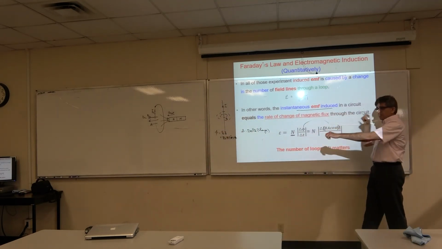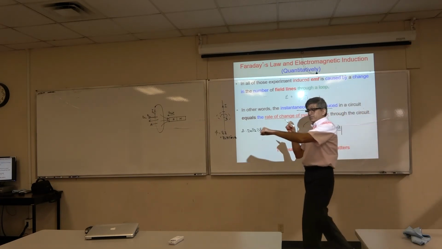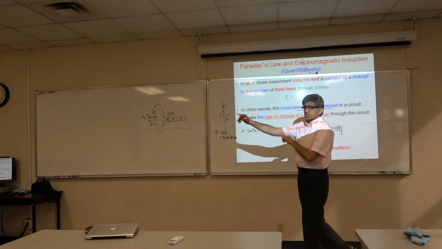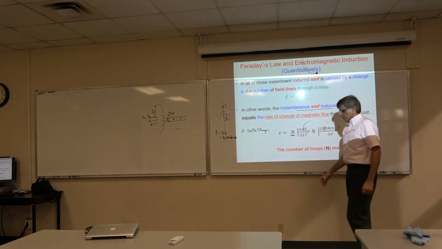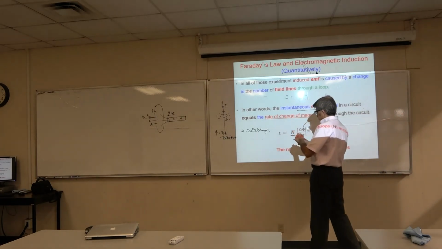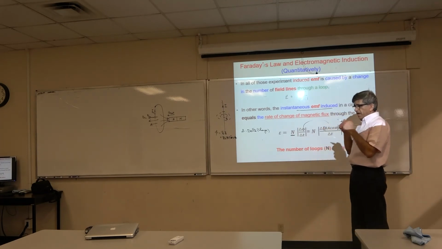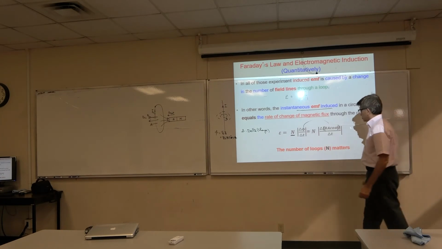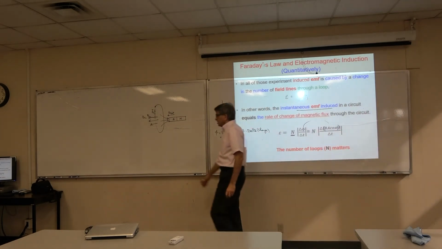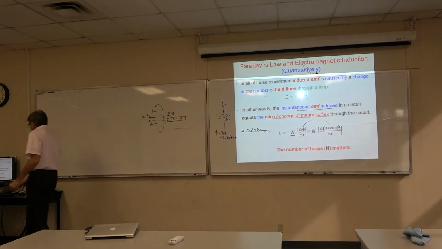When you pull or push the coil through the permanent magnet, you are changing the area through which the magnetic field lines pass. Or if you move the magnet, you are changing the magnetic lines. So no matter what you change, the EMF will be induced.